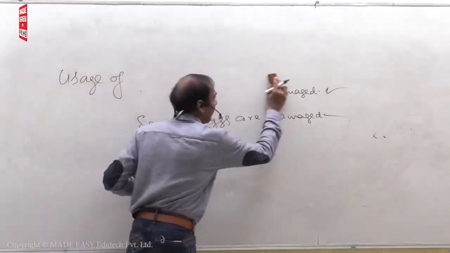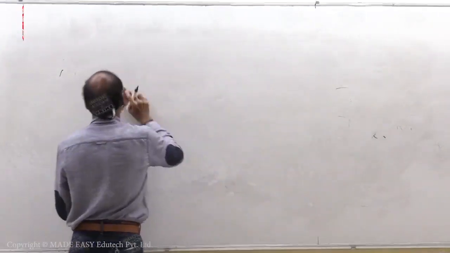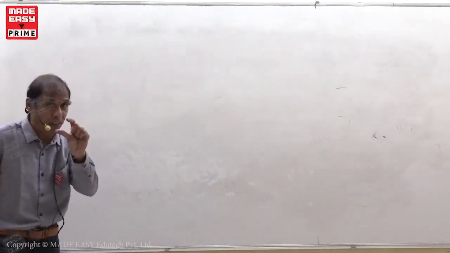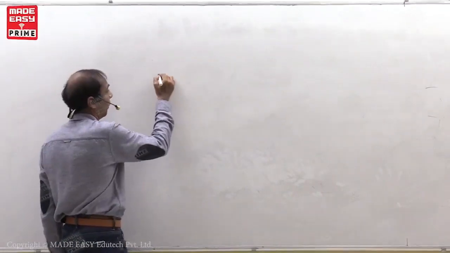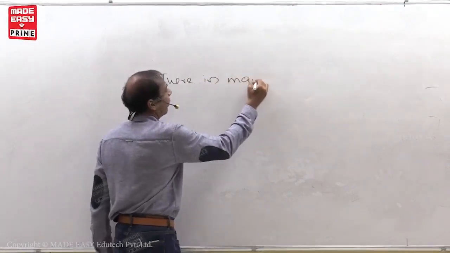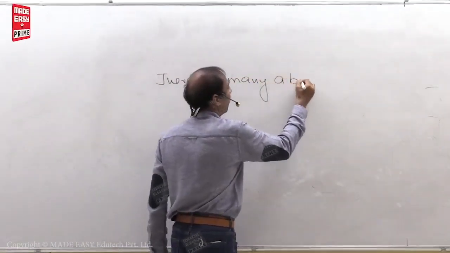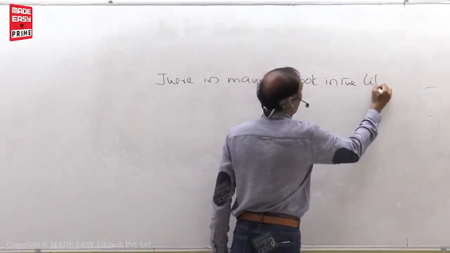Now see. One important point I'll explain here. What is that important point? For example, see. There is many a book in the library.